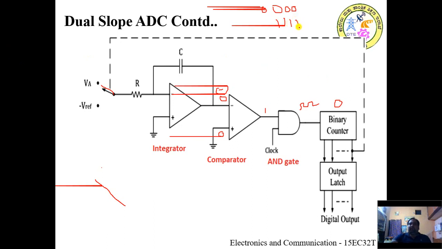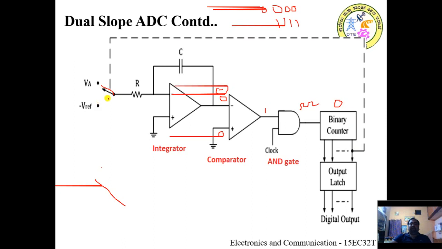So after 15, even though if the clock pulses are provided after the state 15, this counter is going to roll over from all ones to zeros. So whenever it rolls over from all ones to zeros, immediately the control will switch this switch position back to V reference.